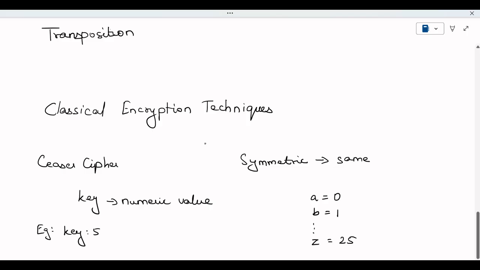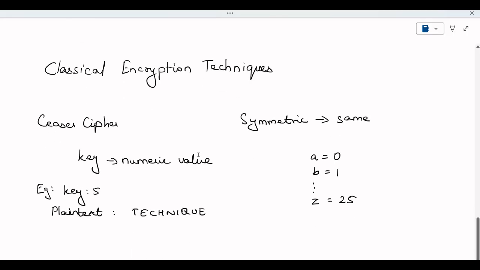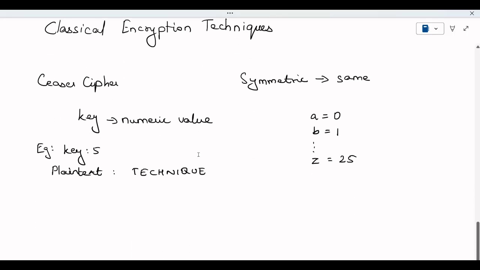Key as 5, and our plain text message to be encrypted is technique. So this is the plain text message, and we are going to proceed with the encryption process. Each character is going to be substituted with a character which is 5 characters ahead.